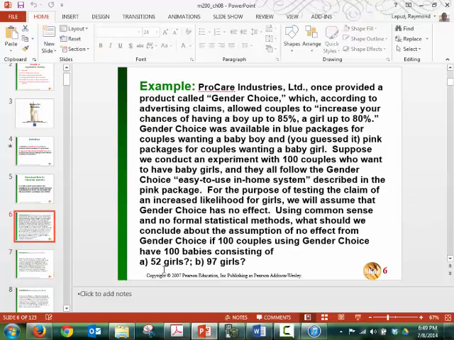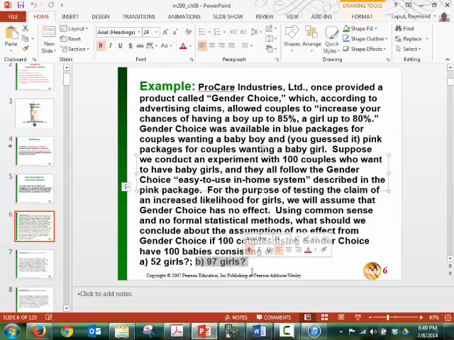Now, let's go back and look at this scenario. Suppose you did the test on this company and there's 100 couples who wanted babies, and they all want girls, and those couples got this easy-to-use in-home system in a pink package, and 97 of those babies were girls.